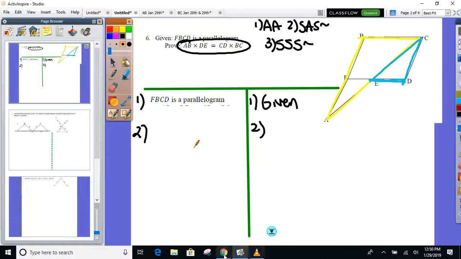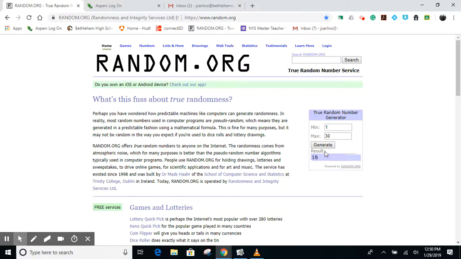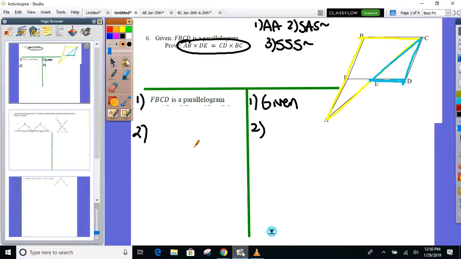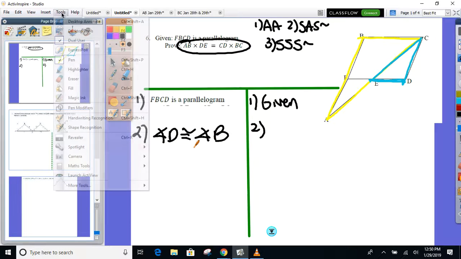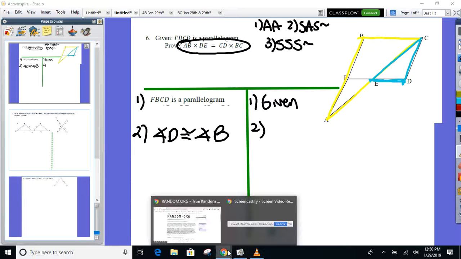So here you go. You're up now. Give me a pair of angles somewhere. Angle D congruent to angle B. I'm going to need somebody else. Let me know why that's true.